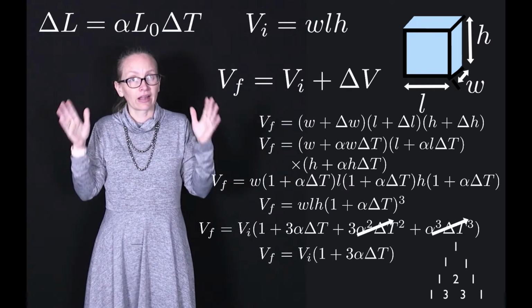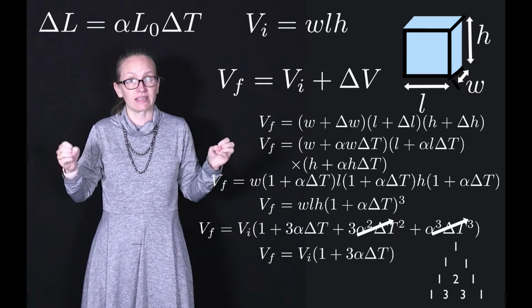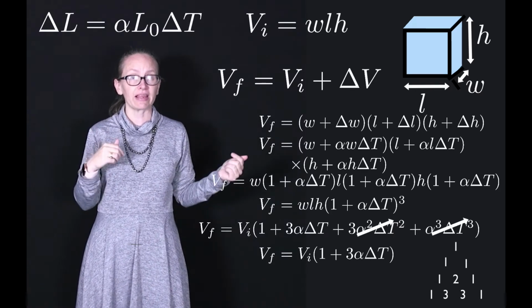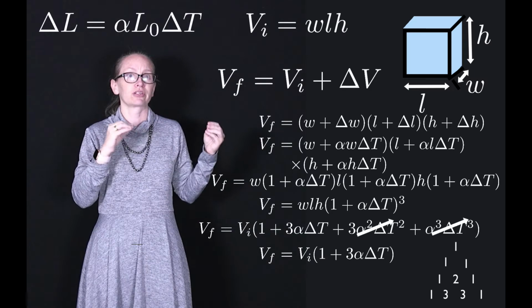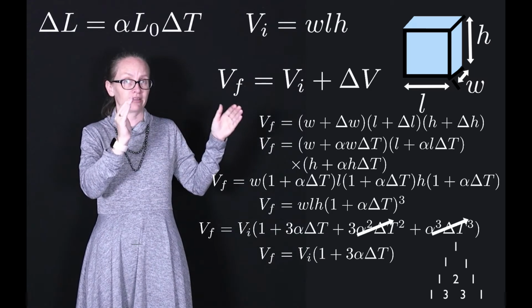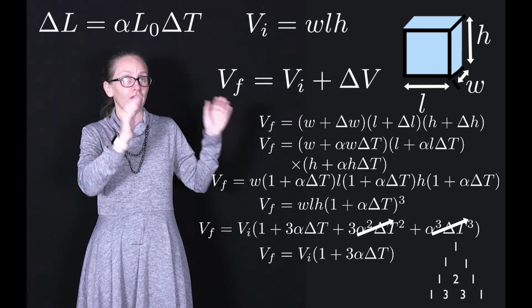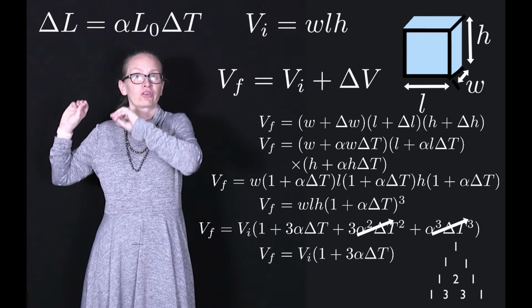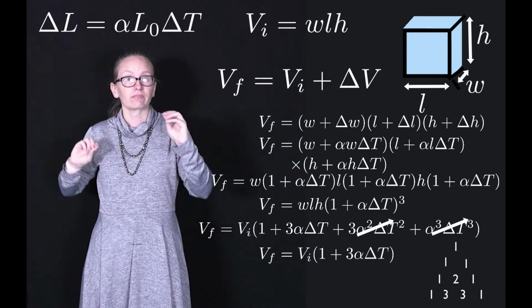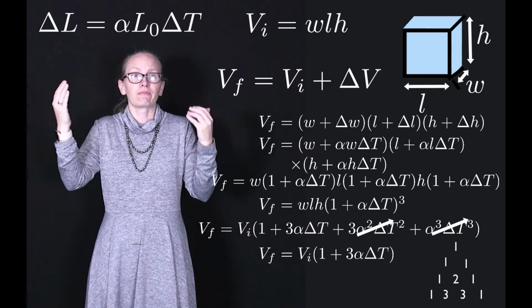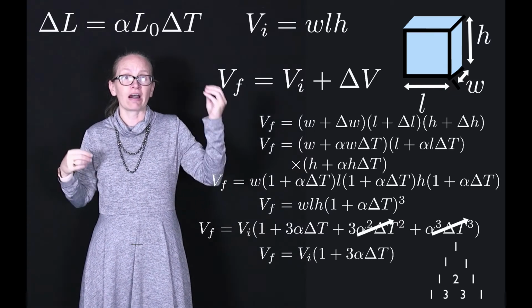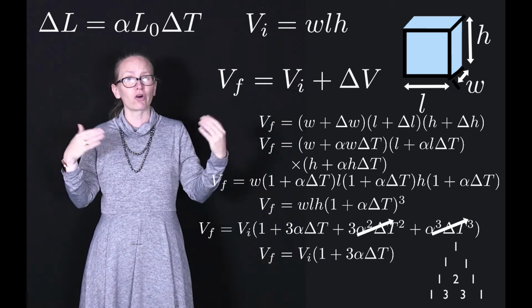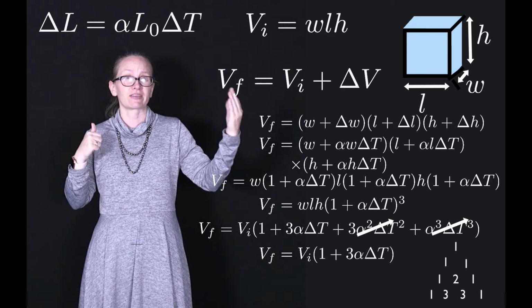Now there's a couple of reasons that we can do this. Firstly, it would be incorrect to include higher order terms in the expression for the change in volume without including them for the expression for the change in length. Mathematically, we also know that alpha is relatively small, of order of about 10 to the minus 5, 10 to the minus 6.